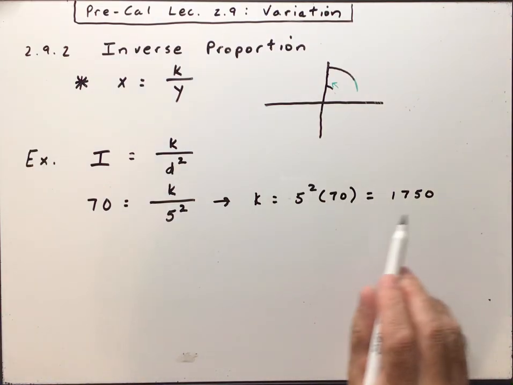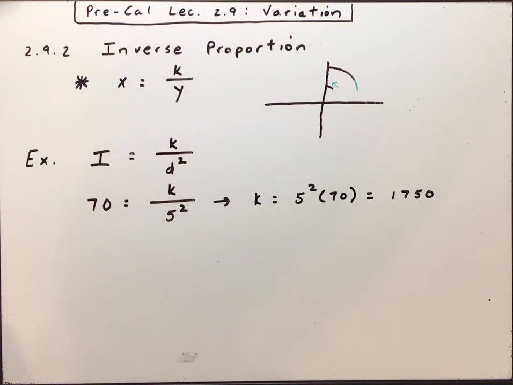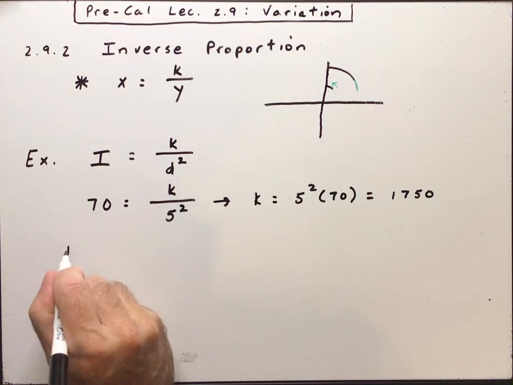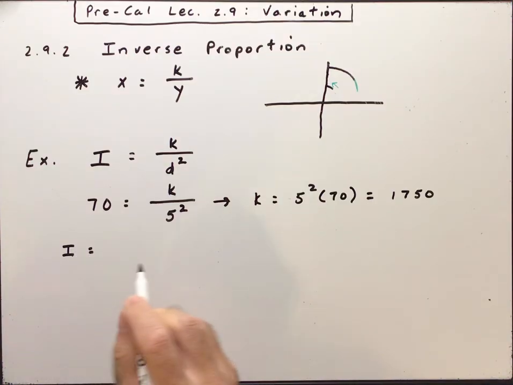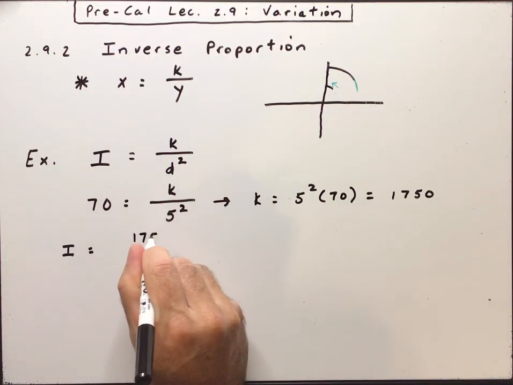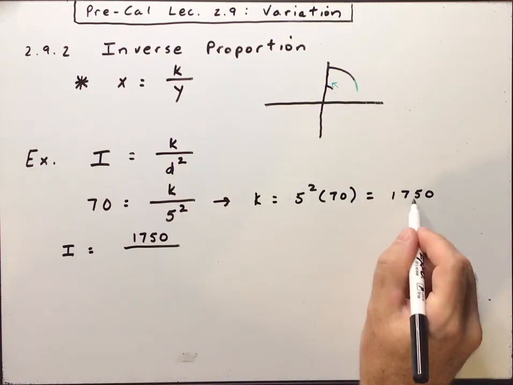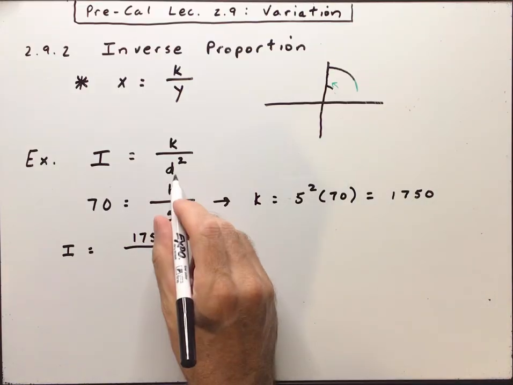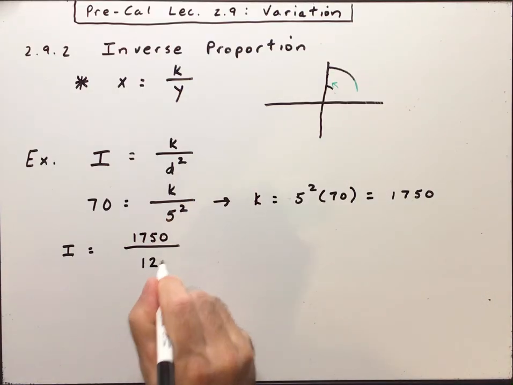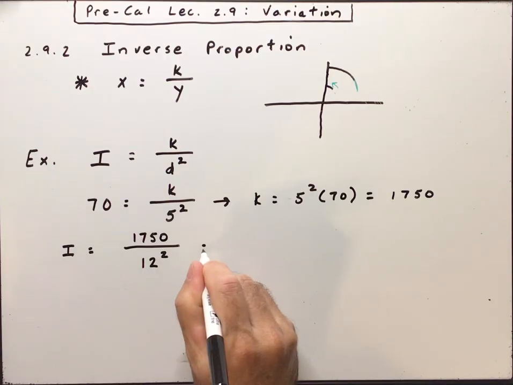We want to know the illumination at 12 meters. So the illumination then would be 1,750, because that's K, over 12 squared.